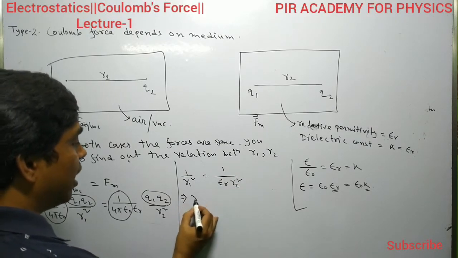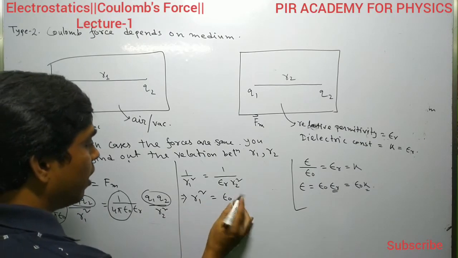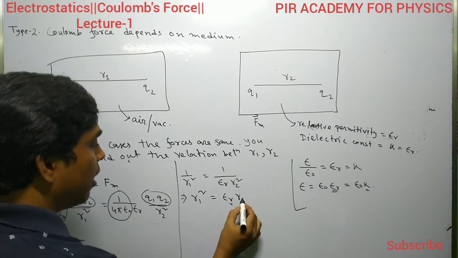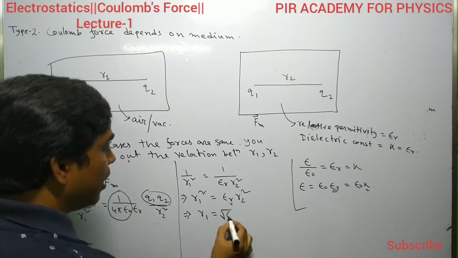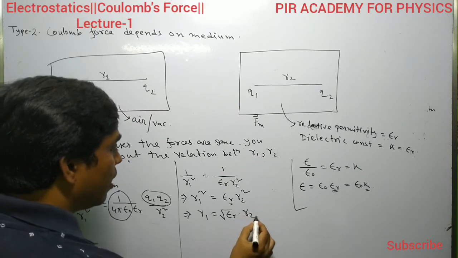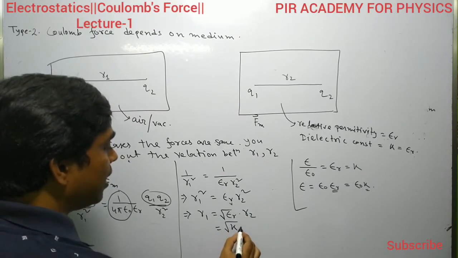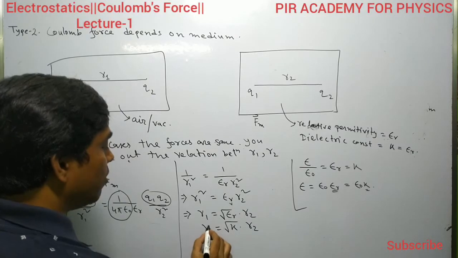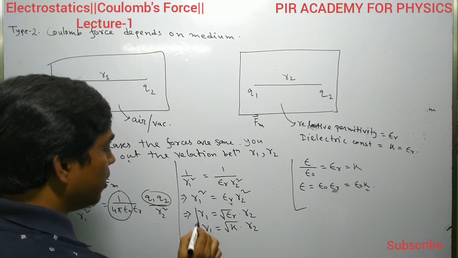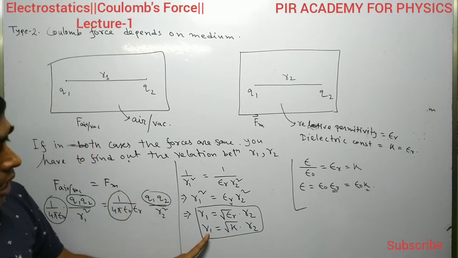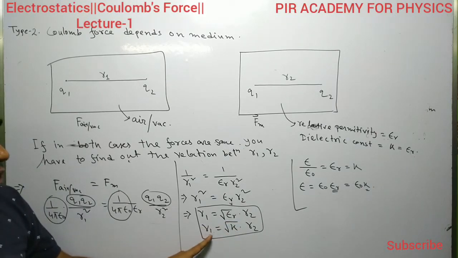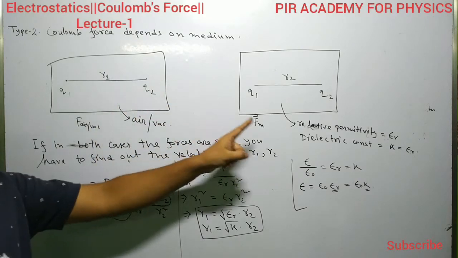So r1 square equals epsilon r into r2 square, so r1 equals root over epsilon r into r2, or root k into r2. This is the relation between r1 and r2. You have to remember this formula, and using it you can calculate the relation between r1 and r2.